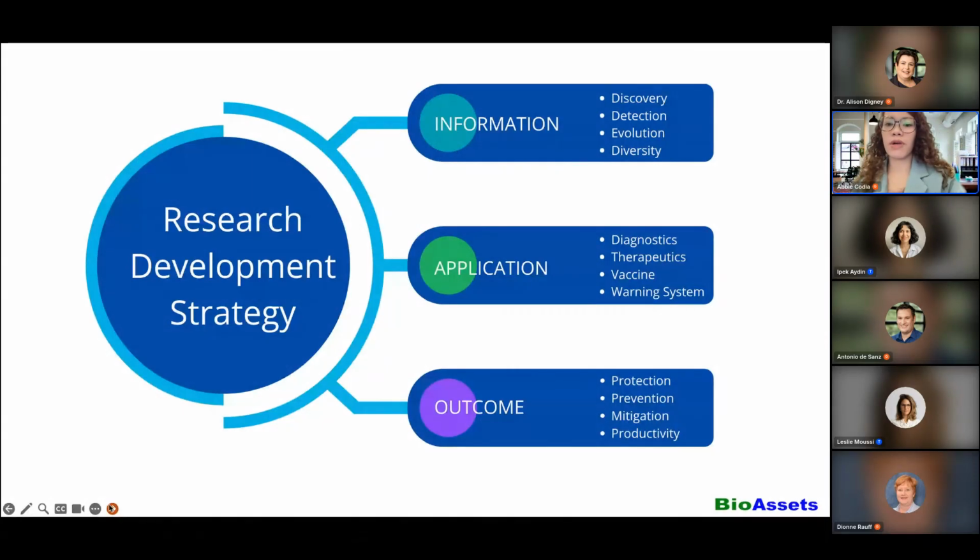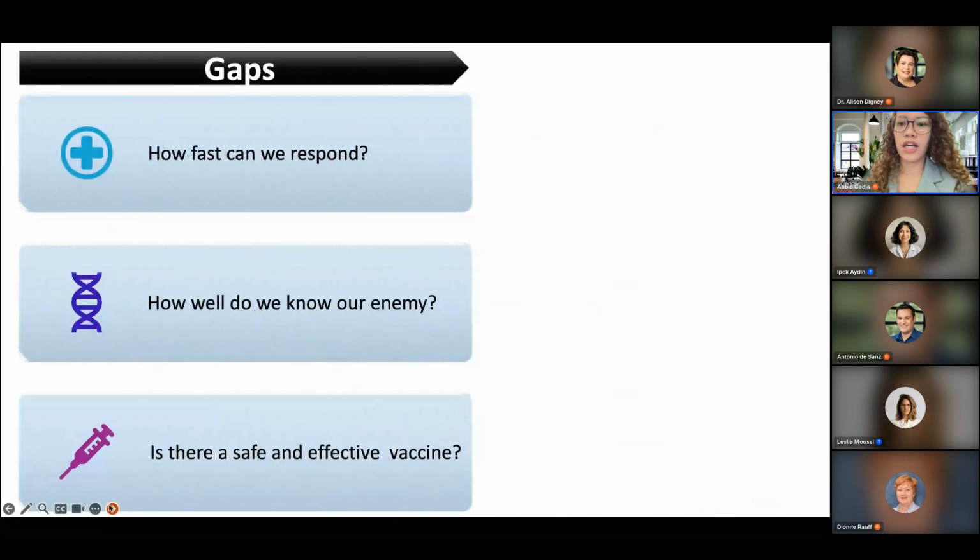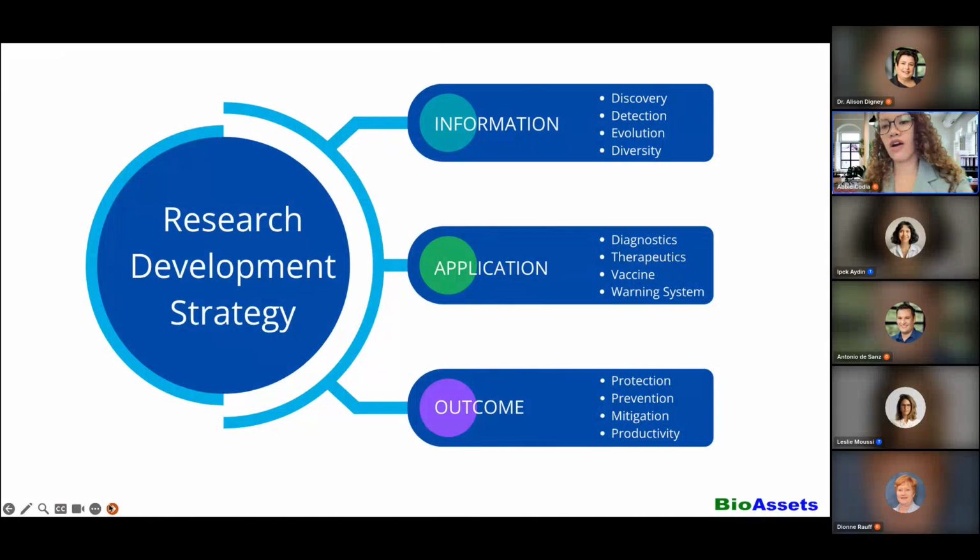as you can see in our pipeline, it is important that we have information wherein we discover, we detect, there's an evolution when it comes to different information at hand, and also the diversity. And from there, we will develop an application wherein we can use it in diagnostics, therapeutics, vaccine development, and warning systems.